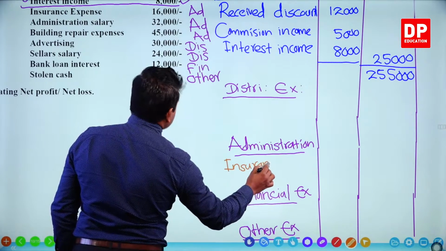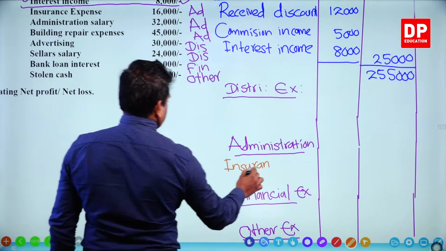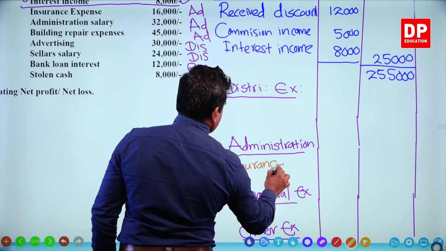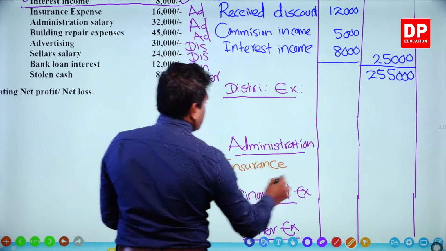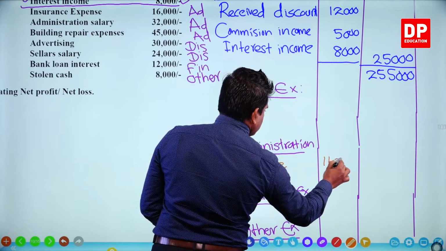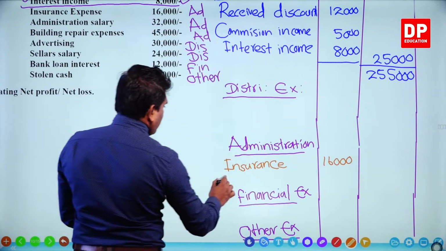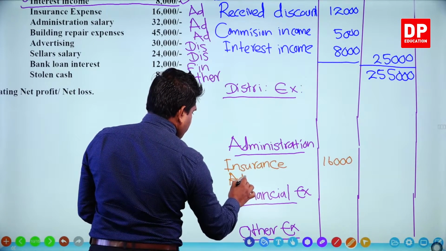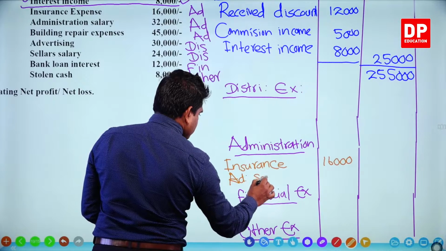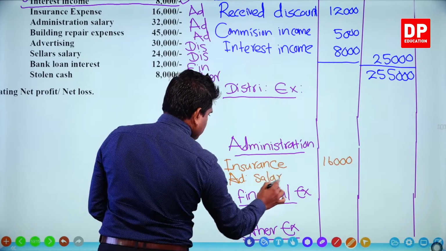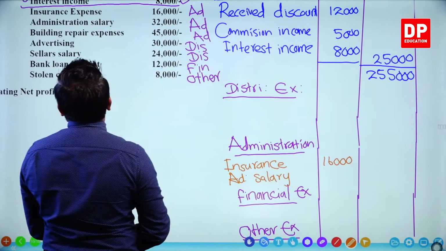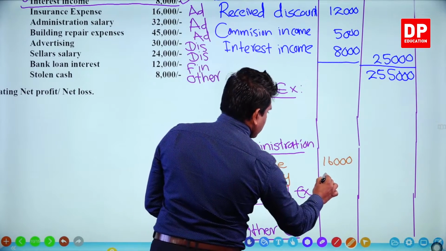How much? 16,000. Okay. Next one, administration salary also comes under the administration. How much? 32,000. Okay.